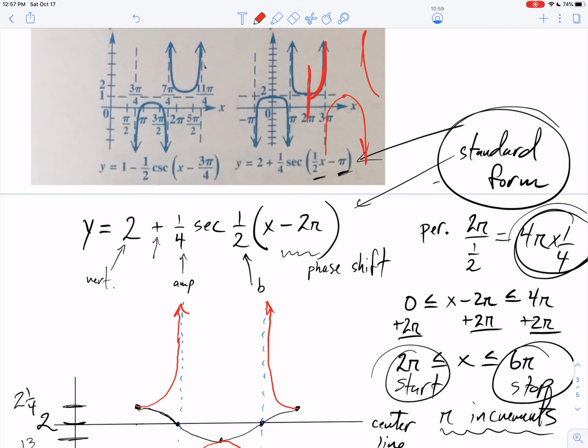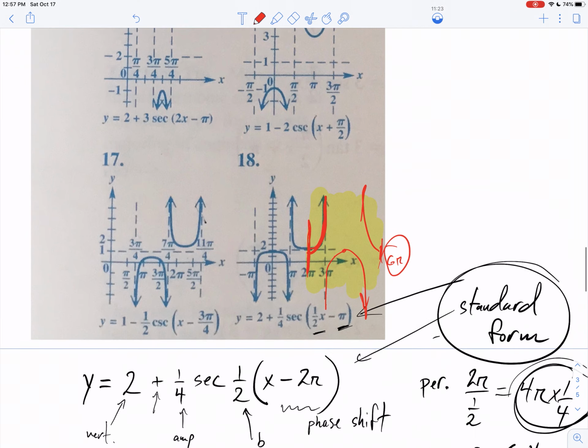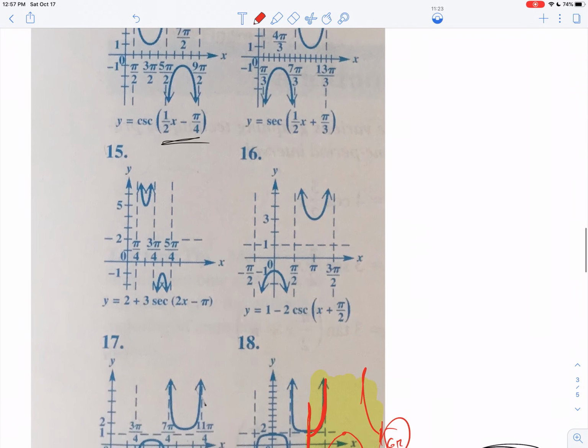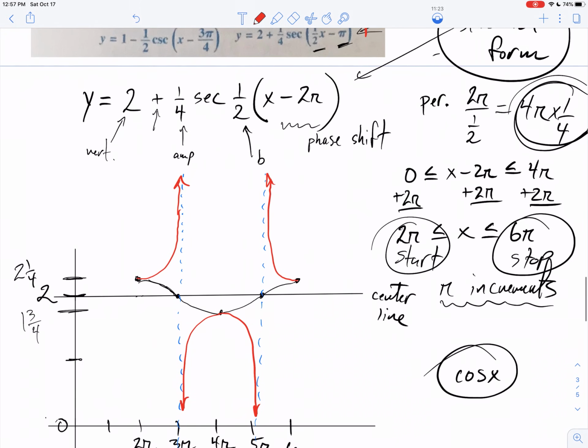I don't know why they didn't do that, but you've got to be a little bit detective-like on this, because if you were to apply the shift, your graph should start at 2 pi and then stop at 6 pi, like ours did. So be careful when you're checking your answers. They did this really weird when it comes to secants. Cosecants, not so much, but the secants are weird. So when you're checking them, be cautious.